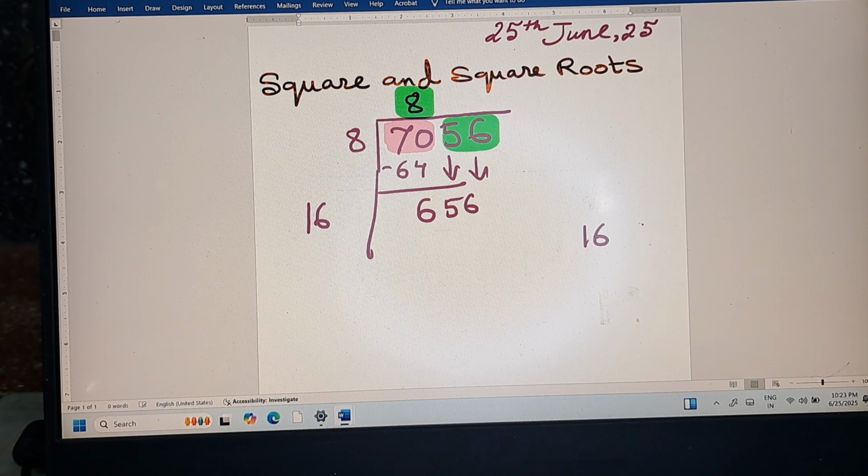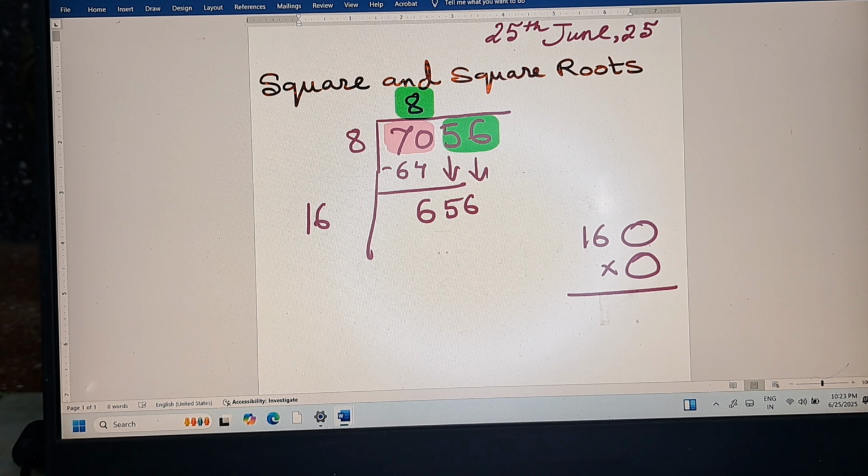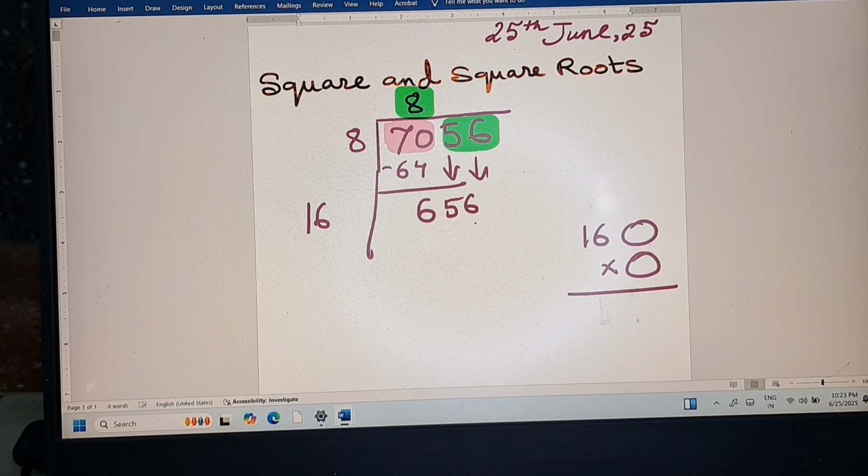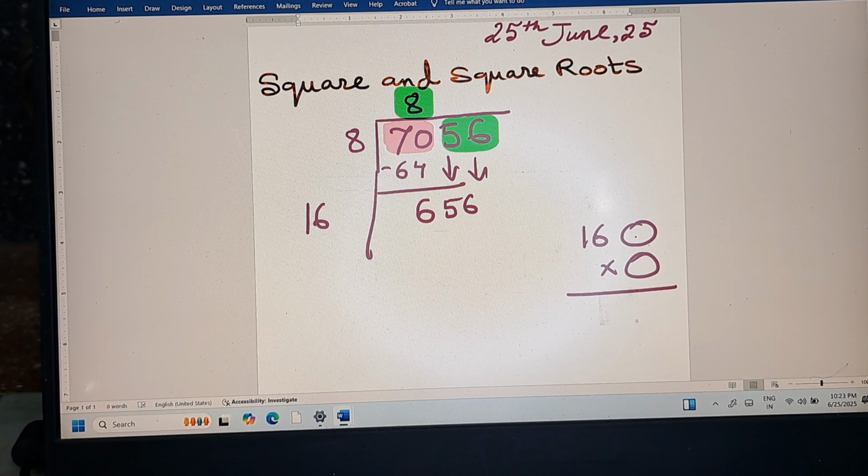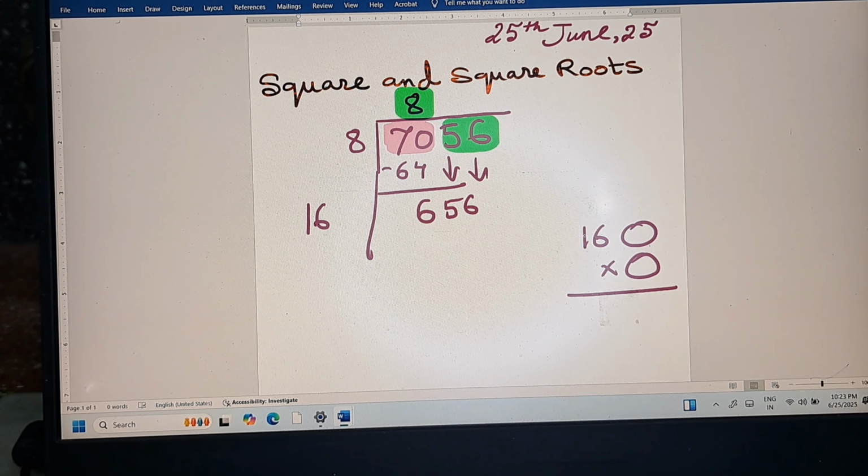Now next to 16 I am putting a circle. You have to insert such a number that after multiplying, I am going to get 656. So students, you have to be very careful which number you insert in this circle to get 656.